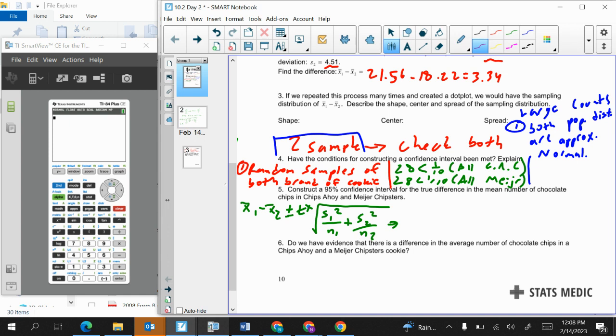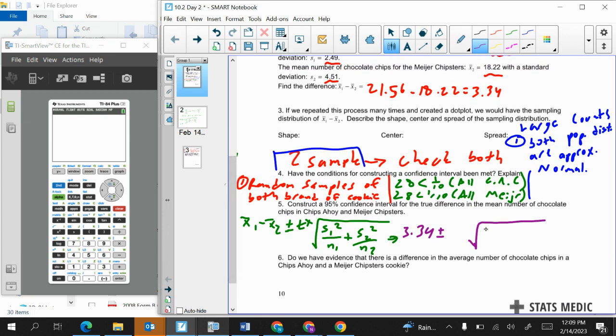That gets squared to just become n. So here we go. We're going to get 3.34 plus or minus, we'll skip t star for a second, the square root of 2.49 squared over 28 plus 4.51 squared over 28.